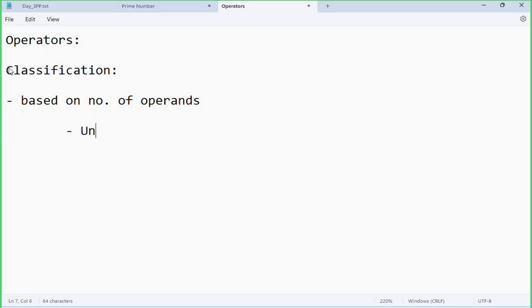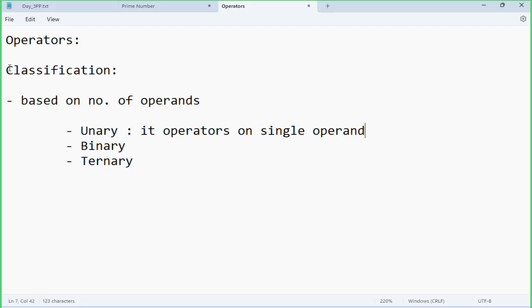In this classification you have unary, next is binary, and the next one is ternary. So what is the meaning of unary? It operates on a single operand.